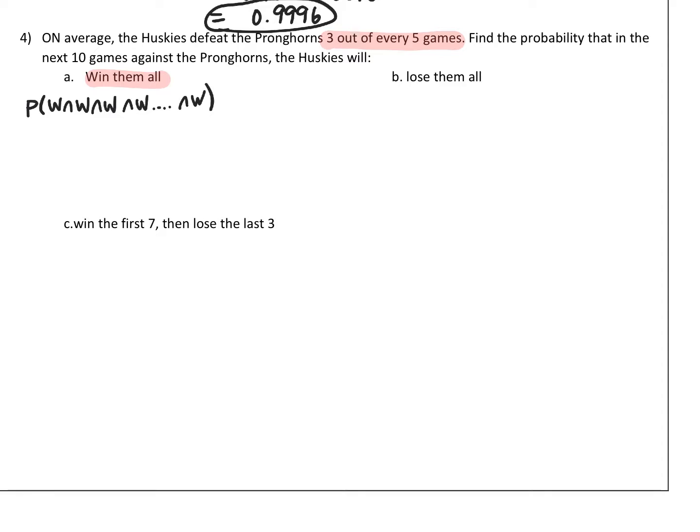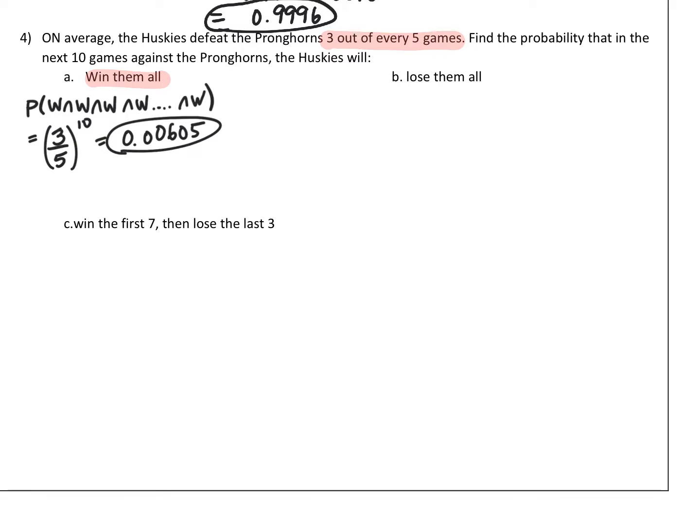What's the probability of getting one win? That'd be 3/5. So I would be going 3/5 times 3/5, 10 times. You can write it out 10 times if you want, but the shortcut would be 3/5 to the power of 10. And when I put that in my calculator, it's 0.00605.